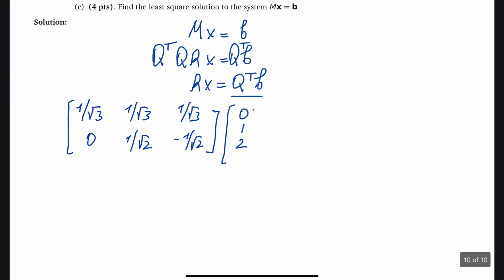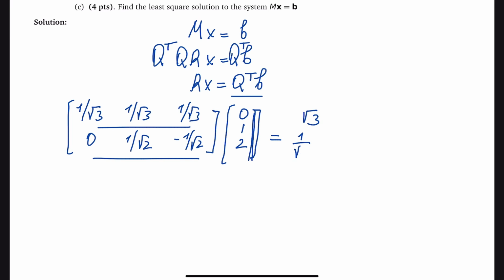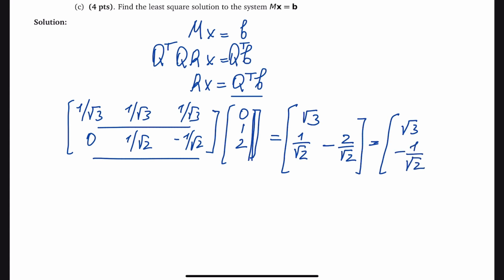So the first row to the first column is going to give you square root of 3 simply, right? And the second row here is going to be 0, 1 divided by the square root of 2 minus 2 divided by the square root of 2. It's going to be square root of 3 and minus 1 divided by the square root of 2.